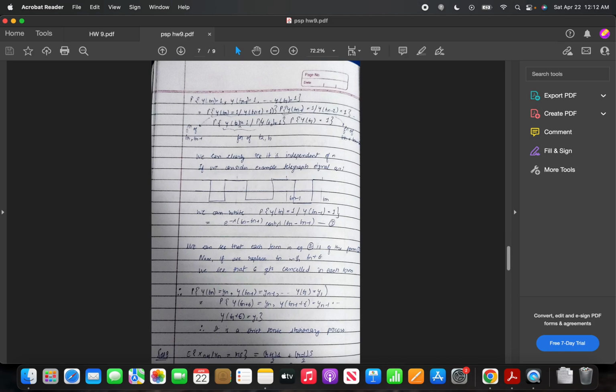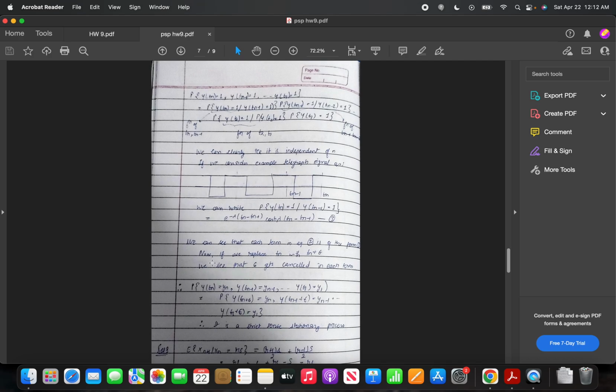And now if we try to replace tn with tn plus epsilon, we see that epsilon will get cancelled in all of these terms.